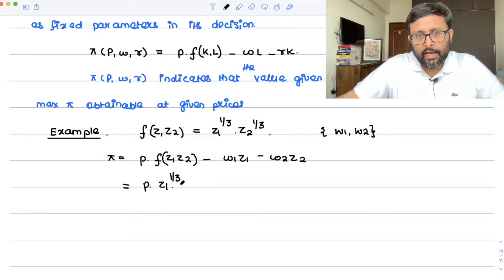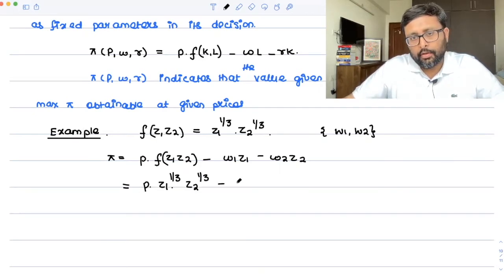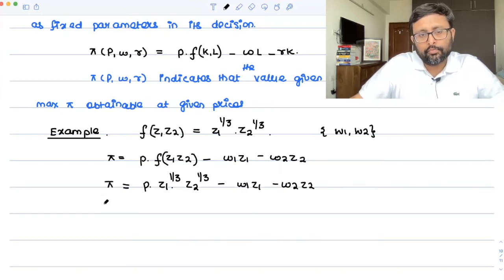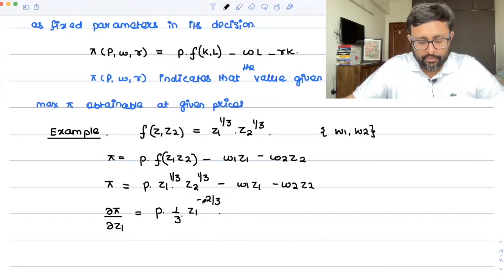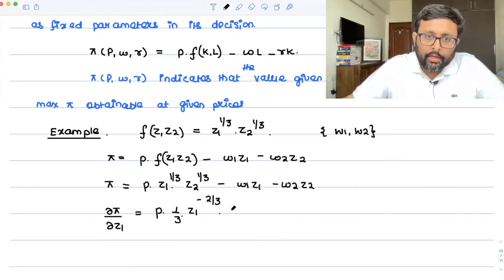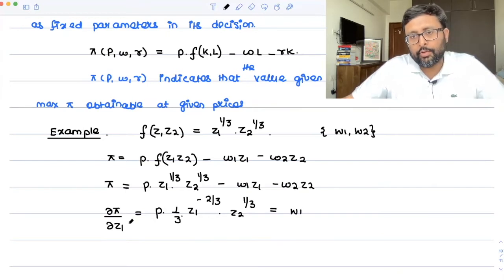So in place of f of Z1, Z2, we can write Z1 to the power 1 by 3 and Z2 to the power 1 by 3. So del pi by del Z1 is P times 1 by 3 Z1 to the power 1 by 3 minus 1, which is Z1 to the power minus 2 by 3, times Z2 to the power 1 by 3, equal to W1.